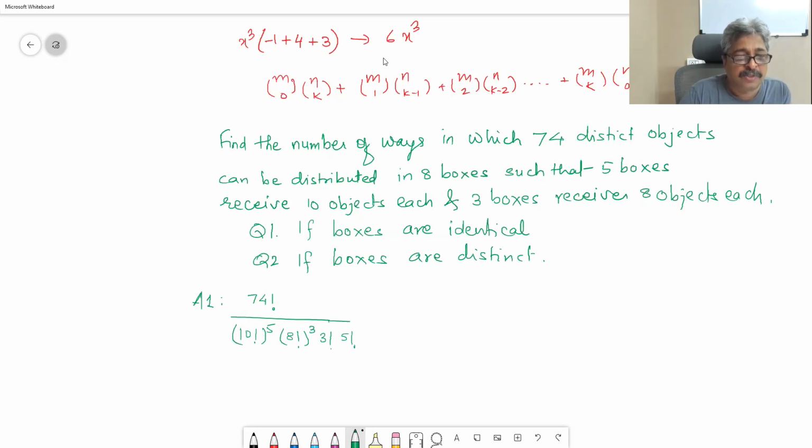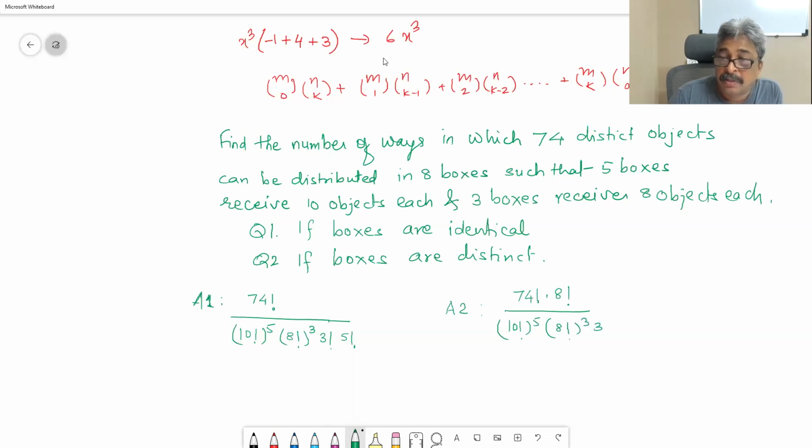This is the answer for the first, if boxes are identical. And the answer for the second, if the boxes are distinct, is just to permute the boxes in 8 factorial ways: 74 factorial into 8 factorial upon 10 factorial raised to 5, 8 factorial raised to 3, 3 factorial and 5 factorial.